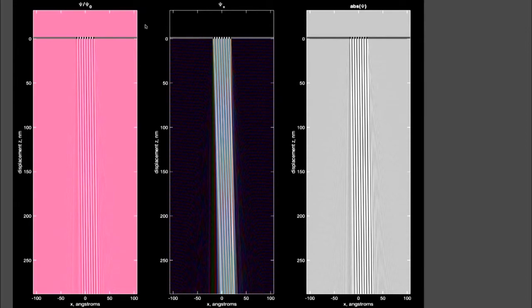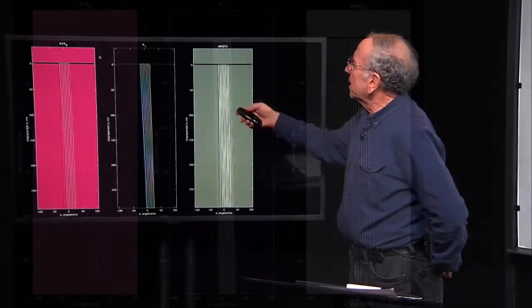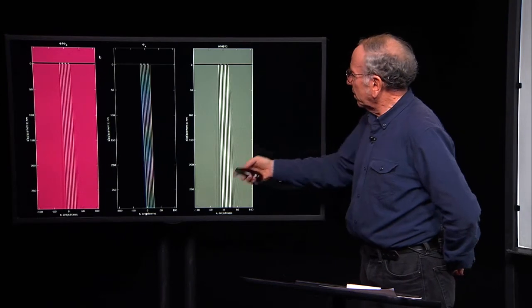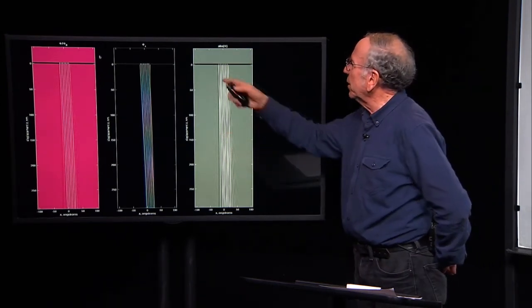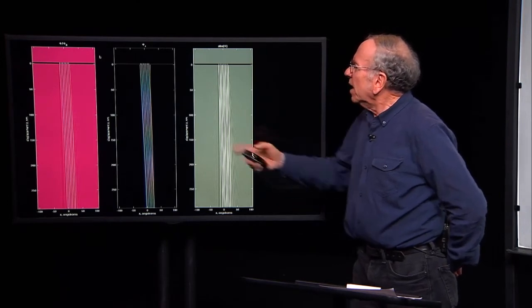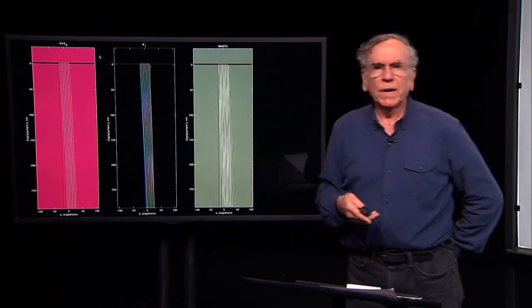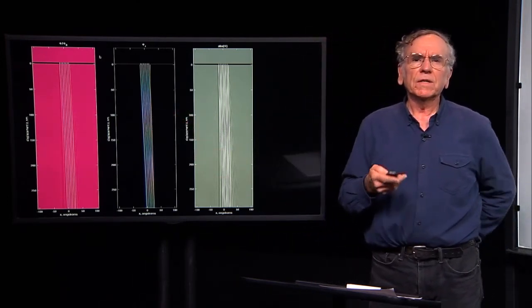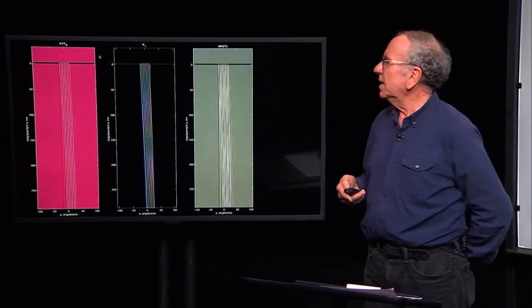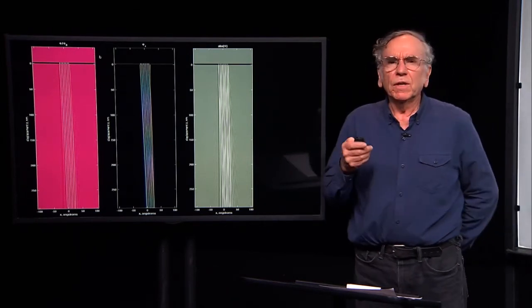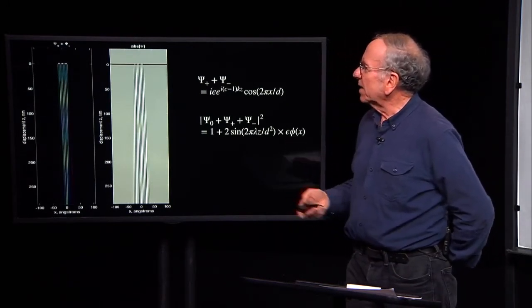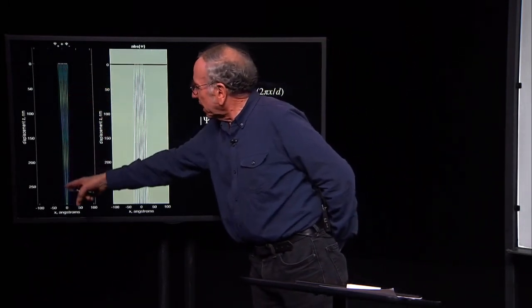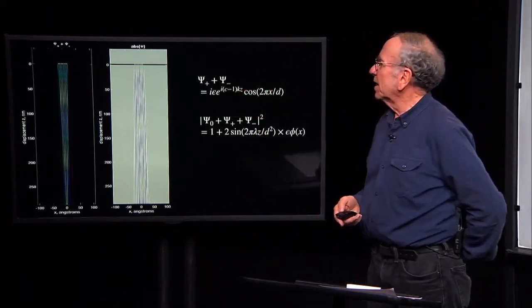And if we interfere it with the incident electron wave, we actually get interference, and we get a signal that has the periodicity of our grating. But this is a non-physical situation. Unless we do certain tricks with the microscope, we can't see a pattern like this with only one diffracted wave. What we really get is 2 diffracted waves, and here are the 2 diffracted waves, and they're interfering with each other.